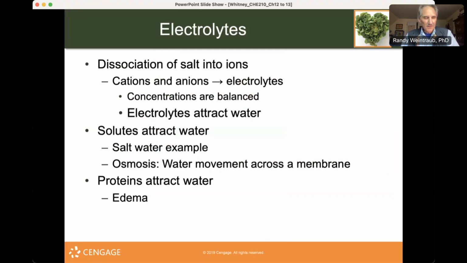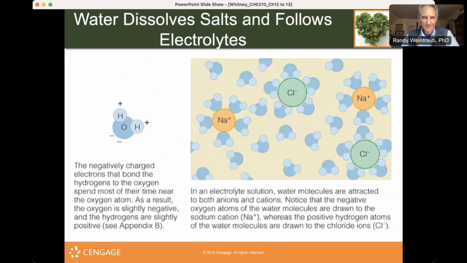Edema is an attraction, or we might see this as swelling, an attraction of water at a particular spot for some reason, usually associated with an imbalance. Here's a little diagram of what we're talking about. See on the left, a water molecule, oxygen and two hydrogens, and you see the charges, called partial charges, around the molecule.